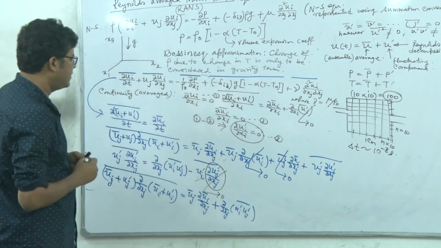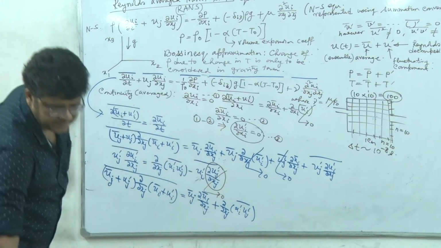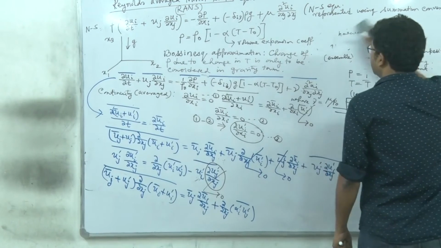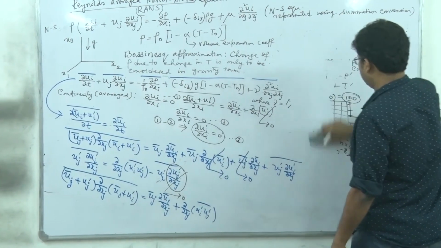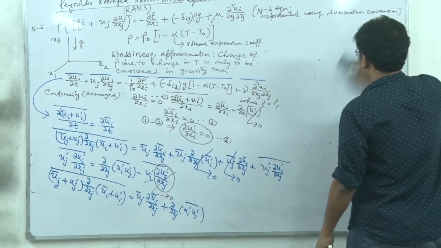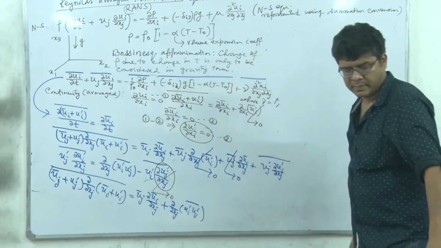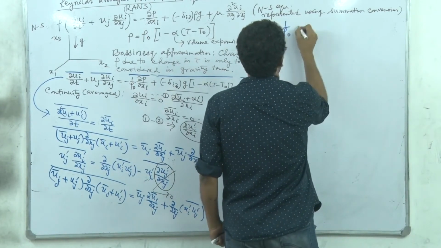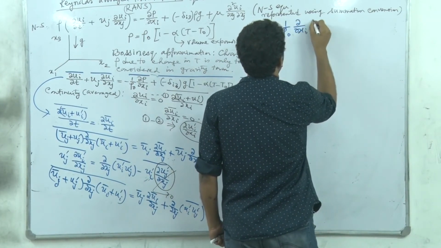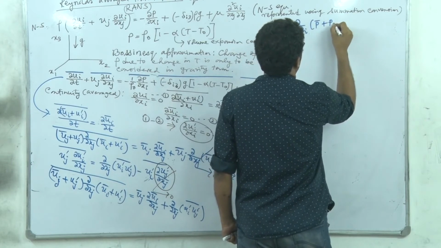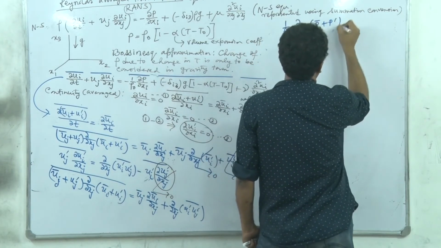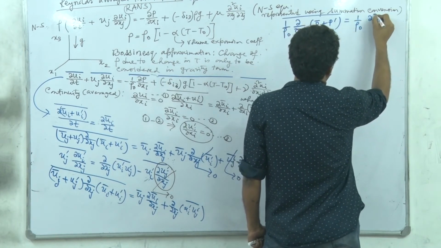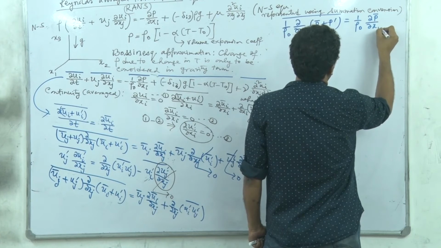So this is the second average, right? Next you see that the term 1 by rho naught del xi of (p bar plus p prime), averaged, is equal to 1 by rho naught del p bar del xi.